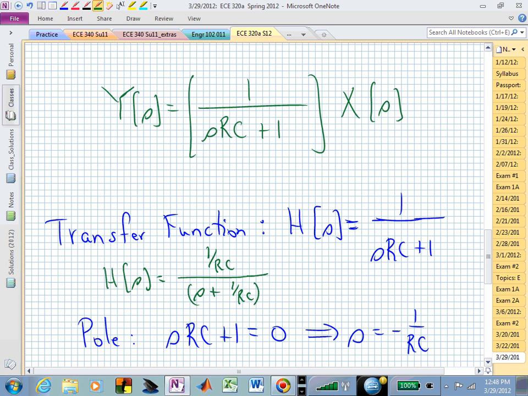That's why in the Bode plot, we're plotting frequencies from very, very tiny, because on a logarithmic scale, we never get to 0, do we?